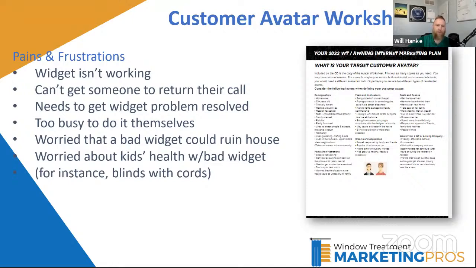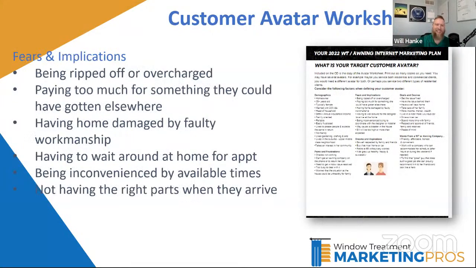Or, I don't know, you want blackout curtains for a new media room, something like that, maybe. They can't get somebody to return their call. Maybe they've called a couple different places and nobody seems to reach back out. So there are a lot of different pains and frustrations that could go along with it. It could be related to the kids, right? The kids need blinds in their room because they won't take a nap. I don't know, something like that.